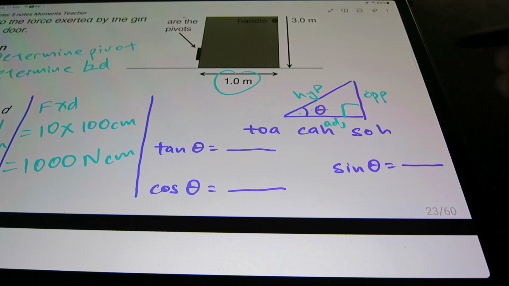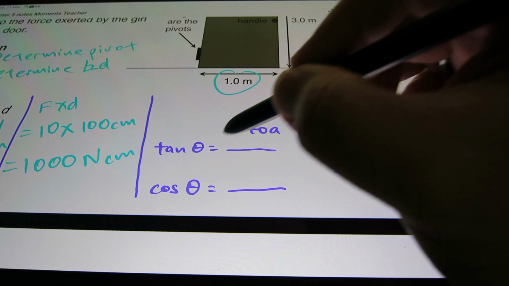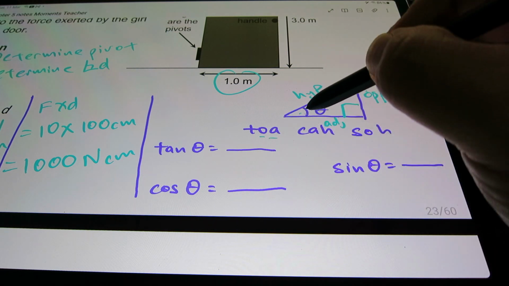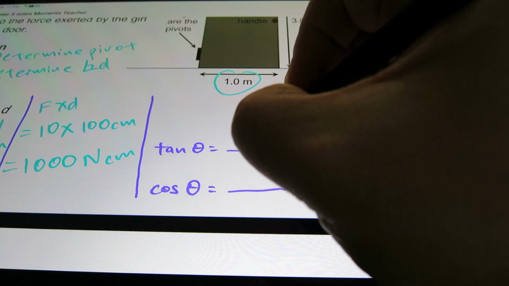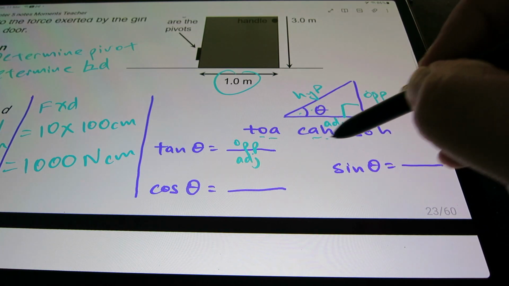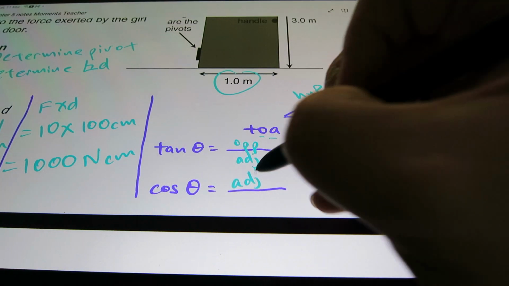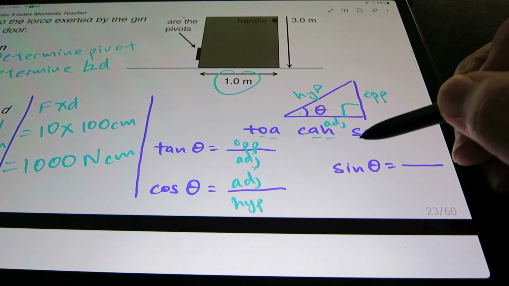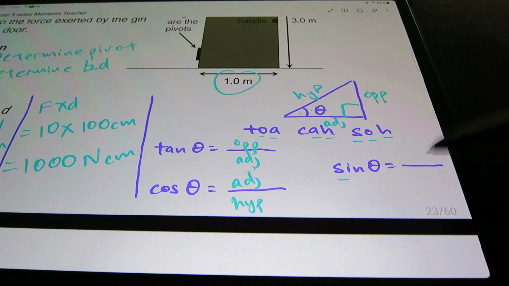So TOA means tangent theta is equal to opposite over adjacent. CAH: cosine is adjacent over hypotenuse, and SOH: sine is opposite over hypotenuse.